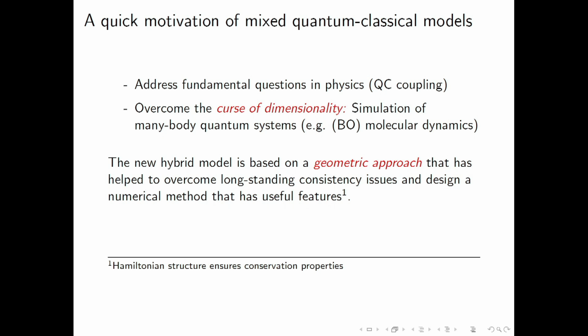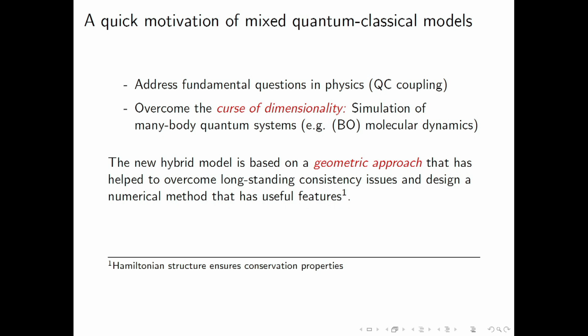For example, if we think about many-body quantum systems, if we think about molecular dynamics, sometimes it's just too costly to solve the full Schrödinger equation, and therefore we have to come up with methods that break the curse of dimensionality in some sense. And one of the state-of-the-art methods to do this is called Born-Oppenheimer molecular dynamics.